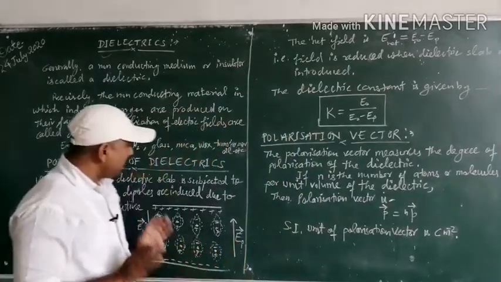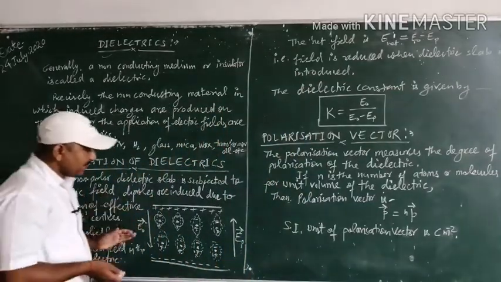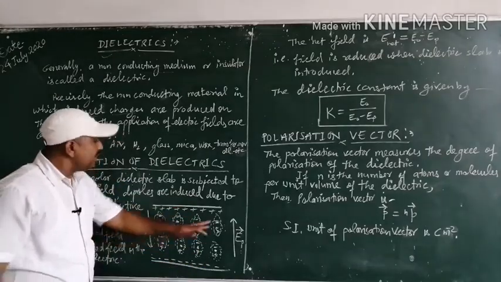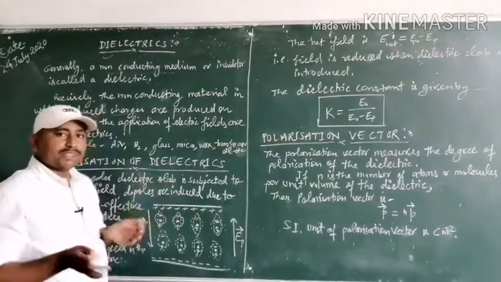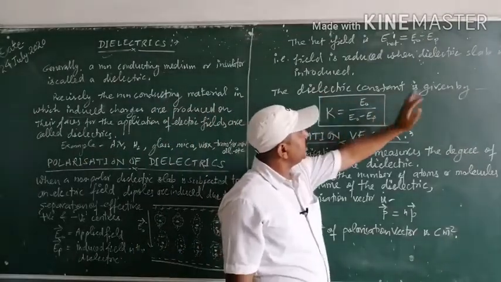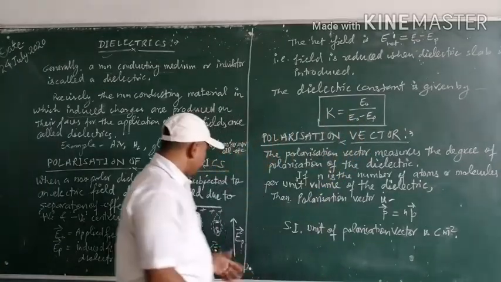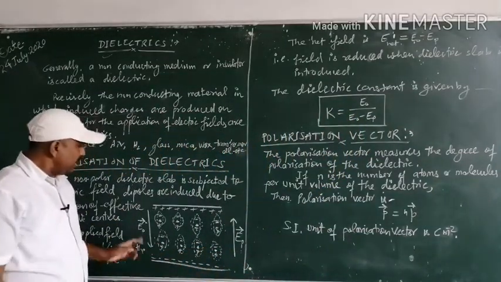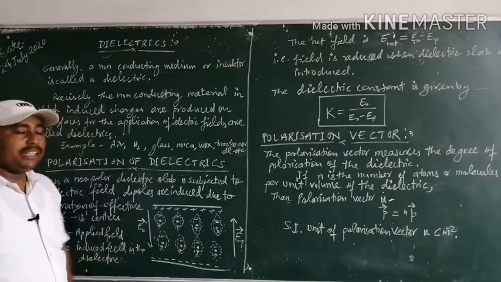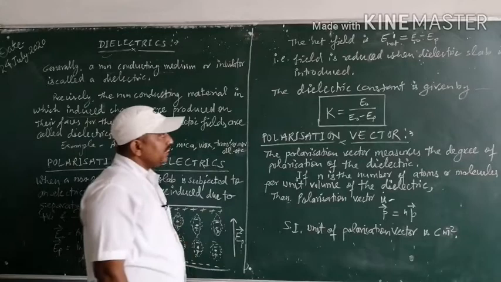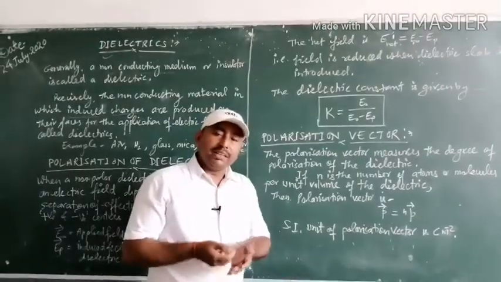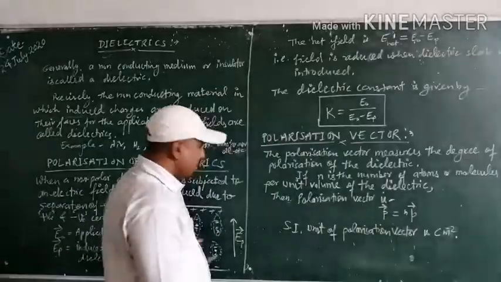It means when a dielectric slab is introduced between the plates of the capacitor, then the net field inside the capacitor decreases. The dielectric constant is given by, suppose we have the values of E0 and EP, then we can easily find the dielectric constant or relative permittivity of the medium or dielectric.